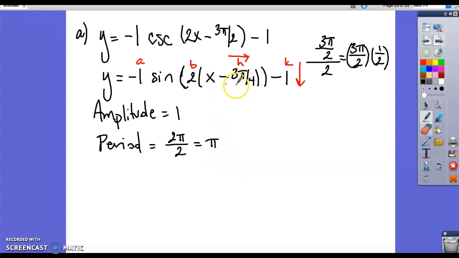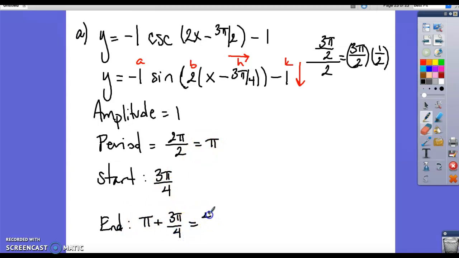All right, I have a phase shift here, which means instead of starting at 0, I'm moving to the right 3 pi over 4 units. I'm starting at 3 pi over 4. And instead of ending at pi, I'm shifting that to the right 3 pi over 4. So I would add 3 pi over 4 here. That's 4 pi over 4 plus 3 pi over 4, which is 7 pi over 4.